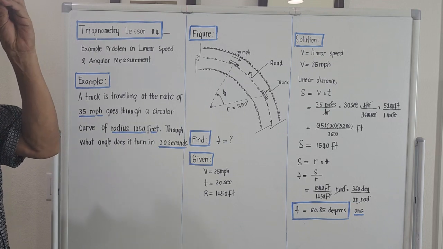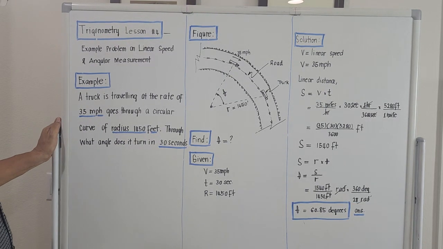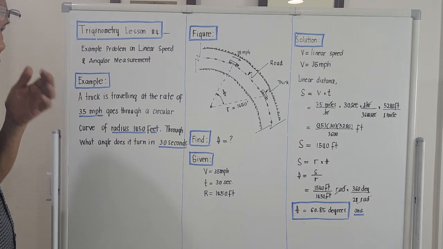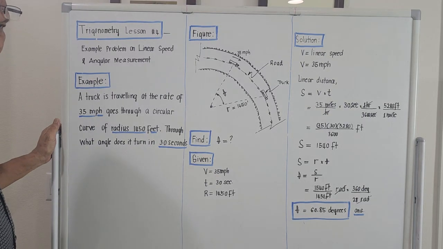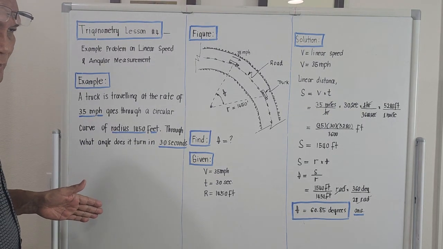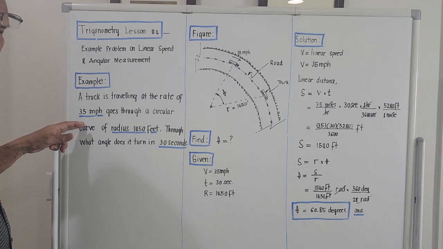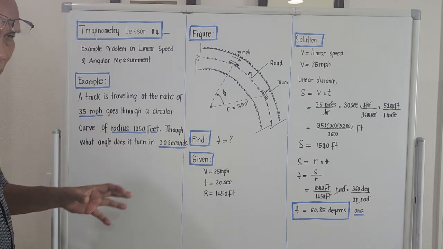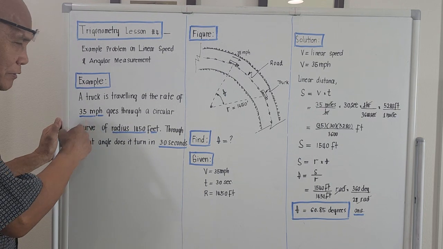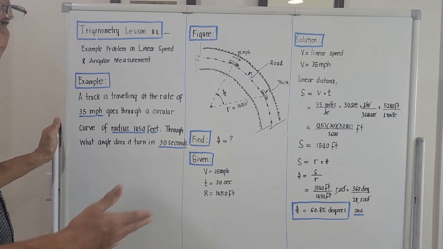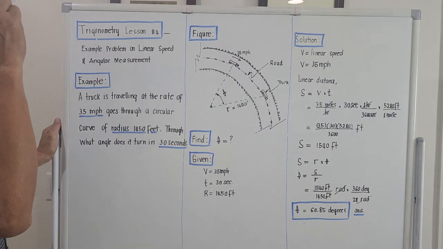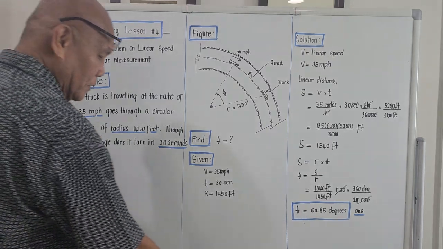So this problem here falls under the study of angular measurement, but as an addition, we are given a linear speed of 35 miles per hour. So how could we relate that linear speed to angular measurement? Okay, let's try to bring out a figure.